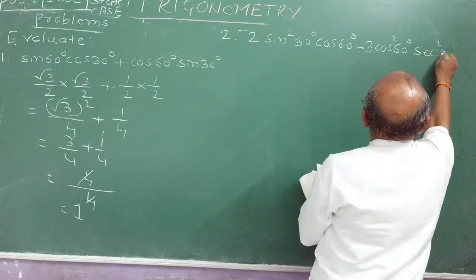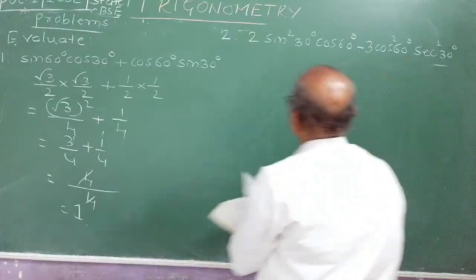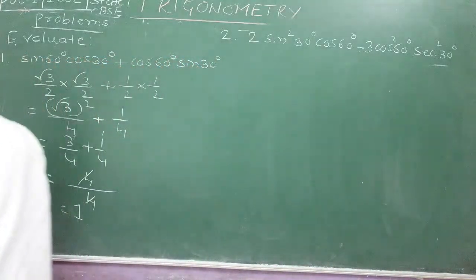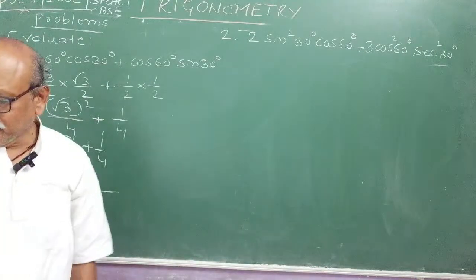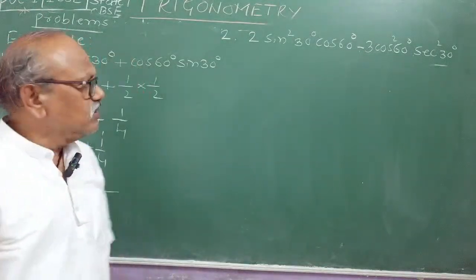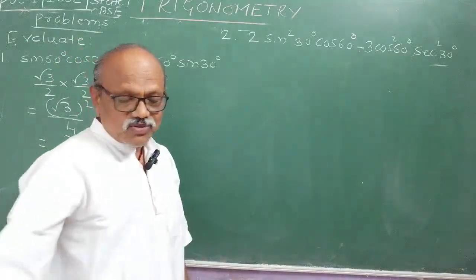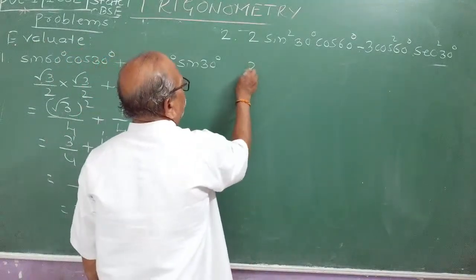Try this. If you have highlighted the table, wonderful. Don't look at the board. I will be solving here. You solve in the paper and verify and compare your answers with me.